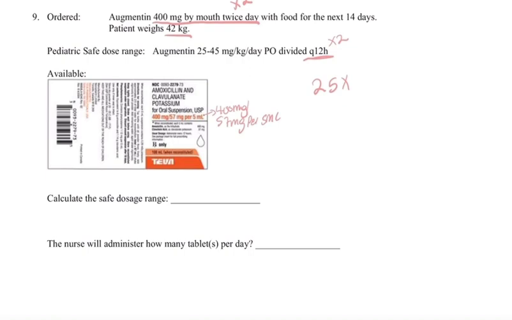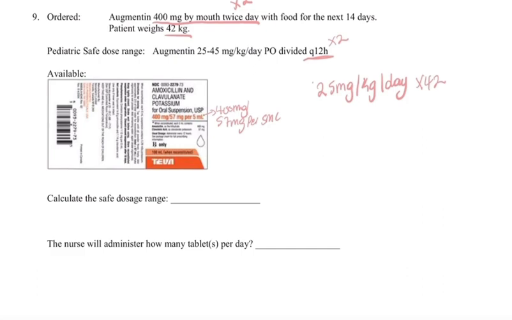Then the question says calculate the safe dosage range. But if you've been following, you know that the moment I see the safe dosage range, I'm gonna go ahead and start working it out. So I'm gonna say 25 milligram per kilogram per day is multiplied by the patient weight, which is 42 kilogram.